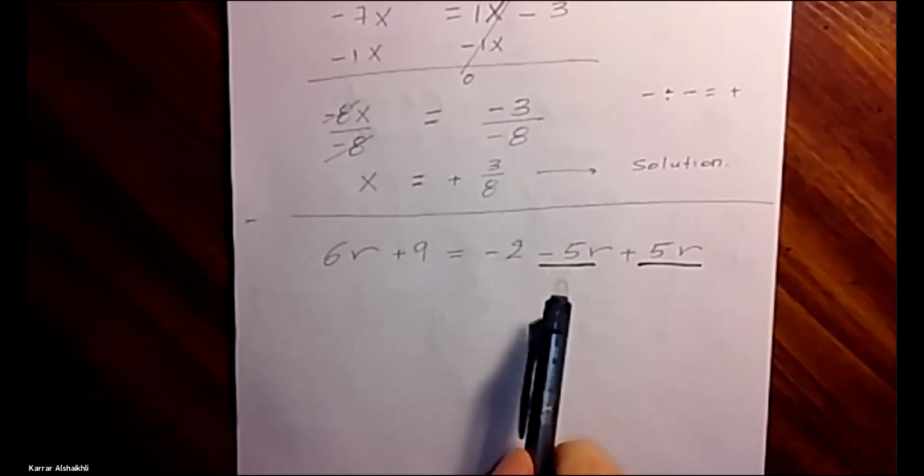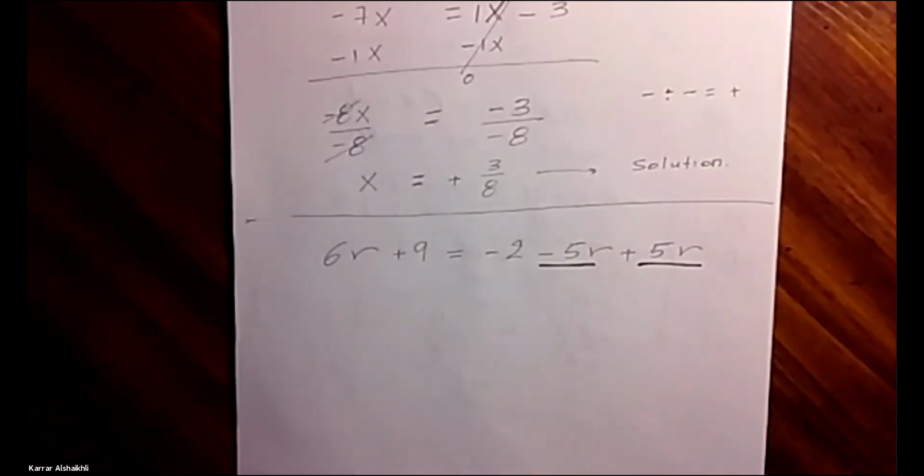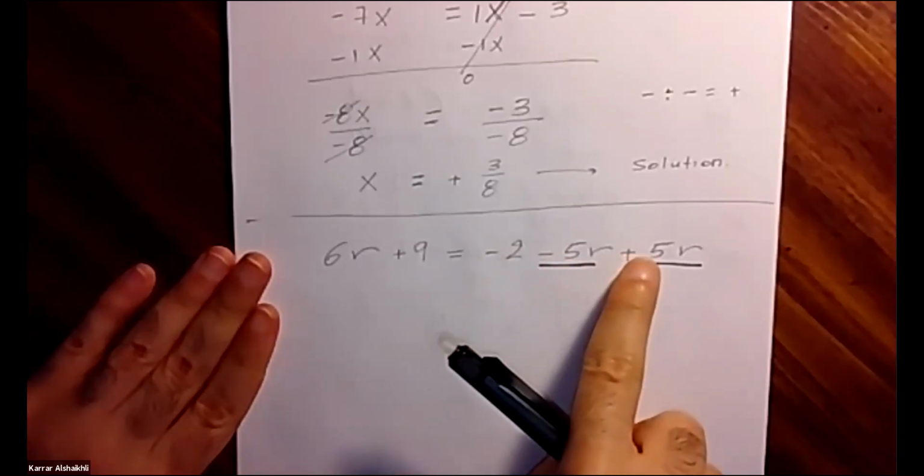So these are like terms. If we combine these two terms, what is the result? Be careful. It's negative 5 and positive 5.